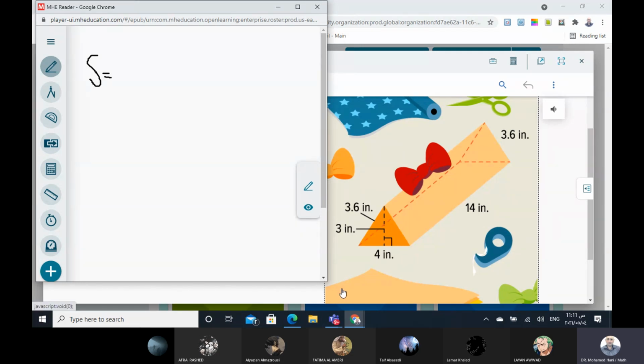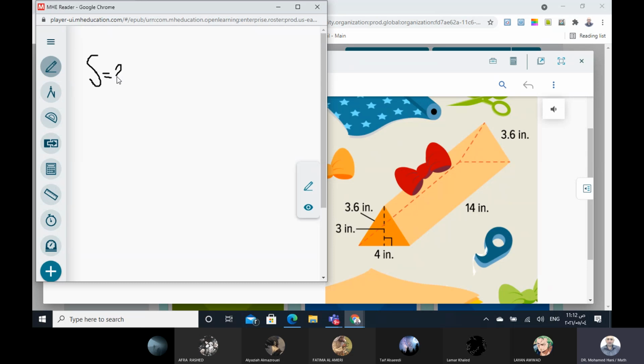To find the surface area of the triangular prism, the first step is to find the area of the bases. Here we have a triangle and here we have a congruent triangle. So find the area of one of these triangles, then multiply by 2.